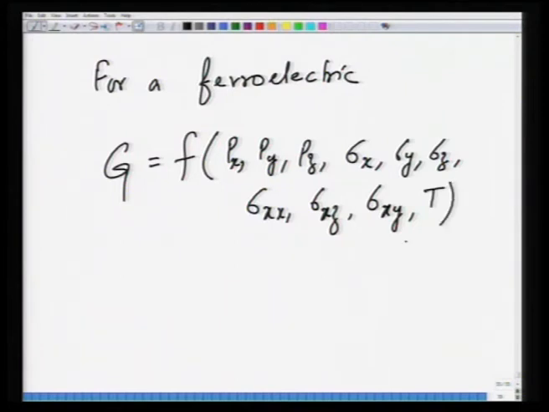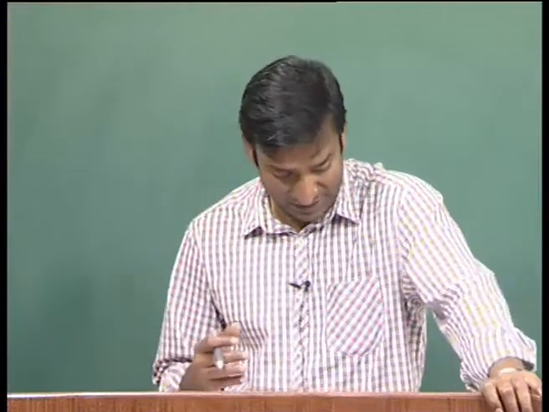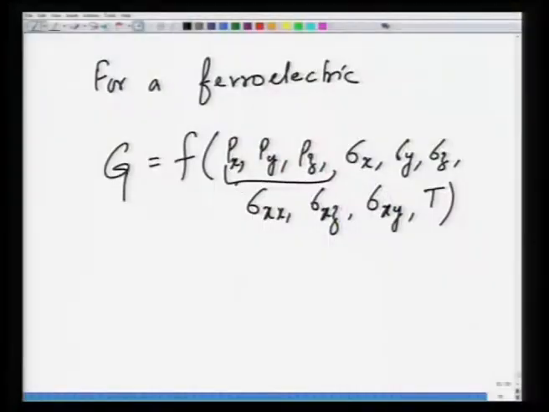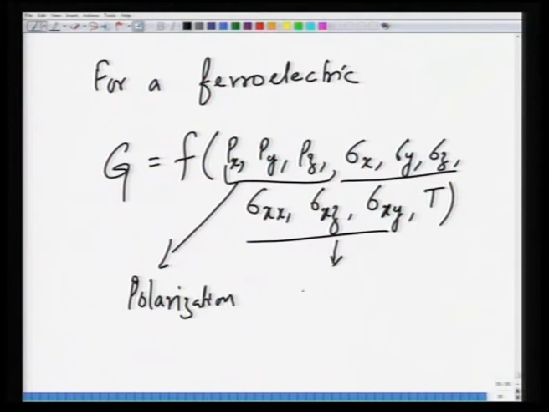Now, we have ignored the entropy, the strain, and the electric field, because polarization is related to electric field, sigma is related to epsilon, and T is related to entropy, so we can work our way around with these. So, these are the 10 variables: these are the components of polarization, these are the components of stress, and this of course is temperature.